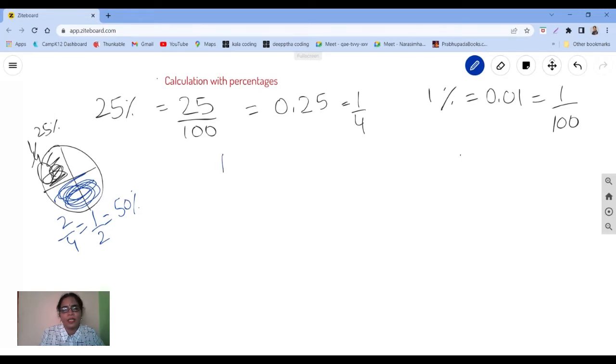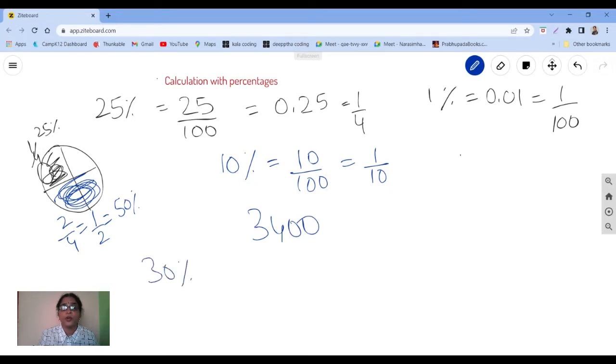So let us understand what is 10%. 10% means 10 by 100. 10 by 100 is nothing but 1/10. Now, this is a technique that I always use when I go to shops. Say, for example, something is 3,400 rupees and he says it is 30% discount. Do you know how I do it? I just take 10% of it. 10% means I just remove one of the zeros because 10% is 1/10.